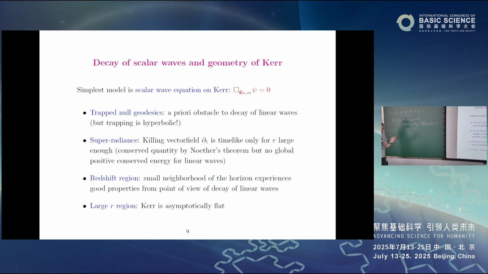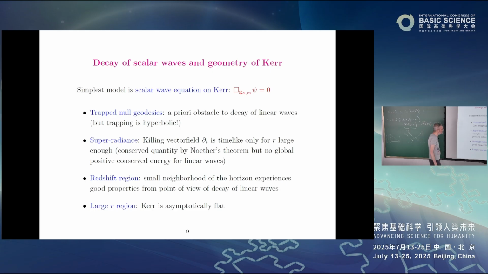That means that your waves go to infinity. So if I think of a localized solution in Minkowski, then the waves are going to travel to infinity, and they are going to leave any compact region, and this is how you get decay in the end.